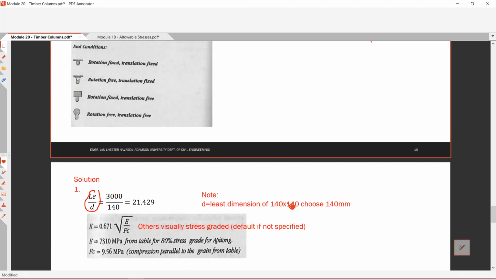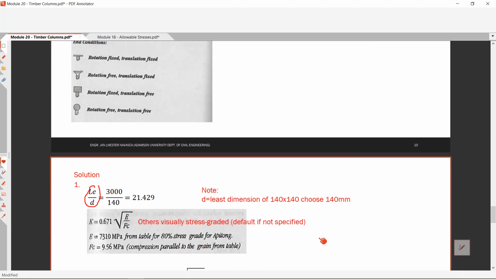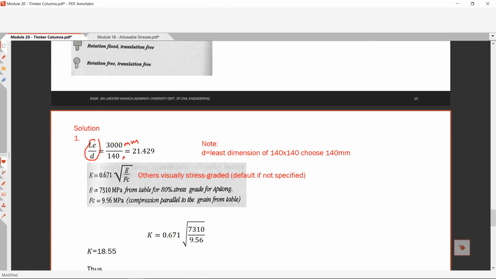Since they are the same, you will choose 140 millimeters. If not, kunwari 200 by 300, you will choose the least dimension, which is 200. So check nyo lang, 3,000 divided by 140. Ito ay naka-mm, itong isa naka-mm din, so walang problema. Therefore 3,000 divided by 140, you get your LE over D, which is 21.429.